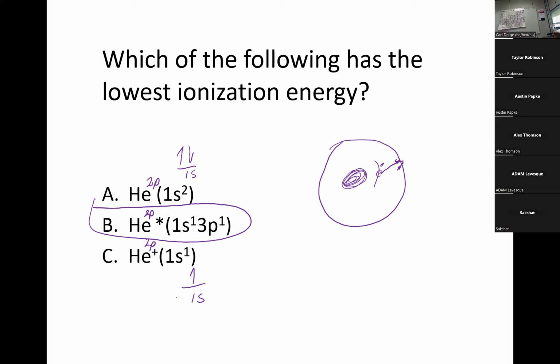So why would it be easier to remove one of these electrons compared to this, given that both of them have 2 protons? What's different between these two situations? Why would it be easier to remove these electrons?